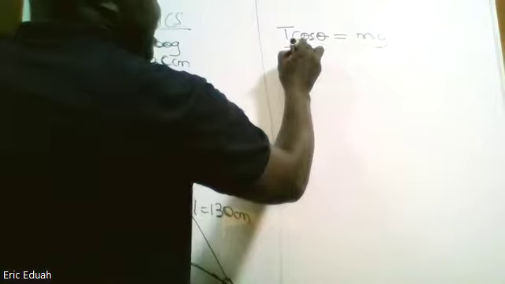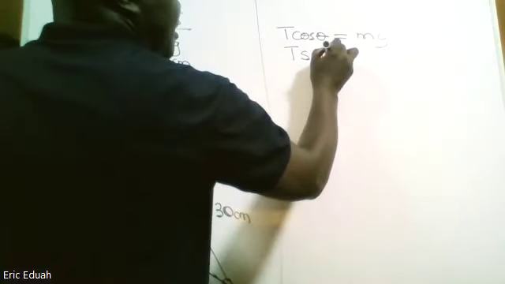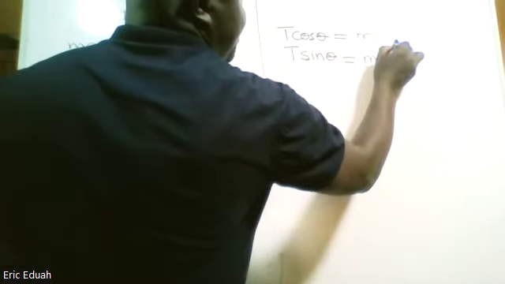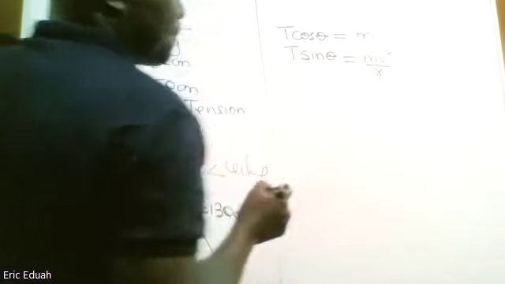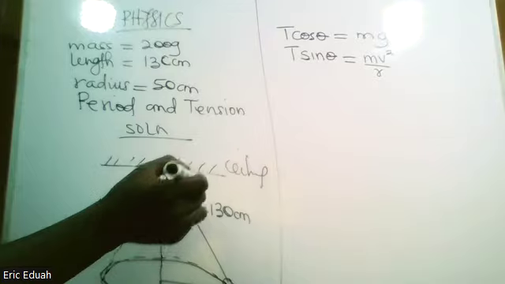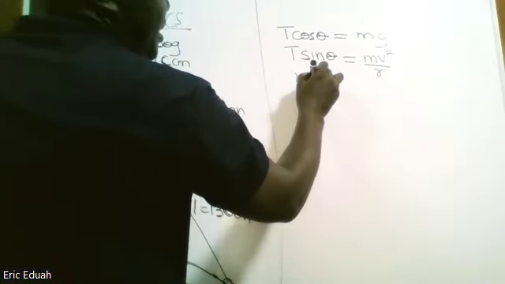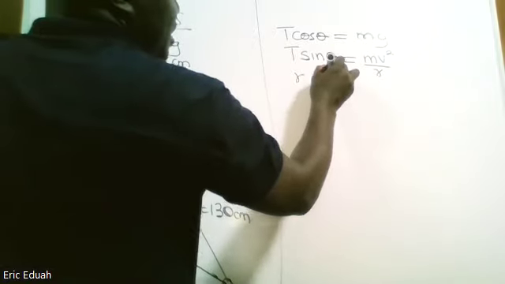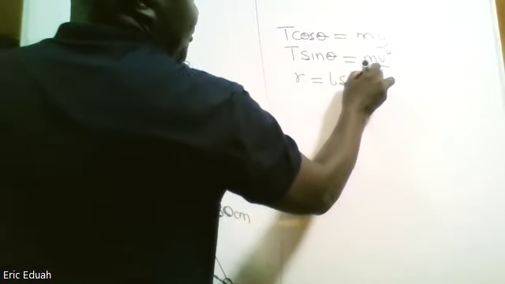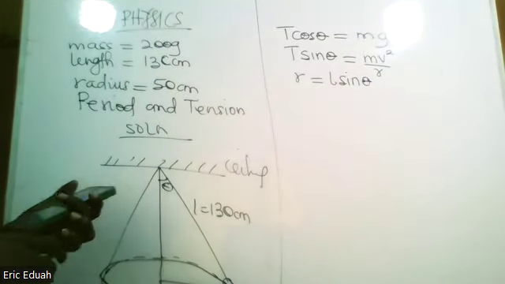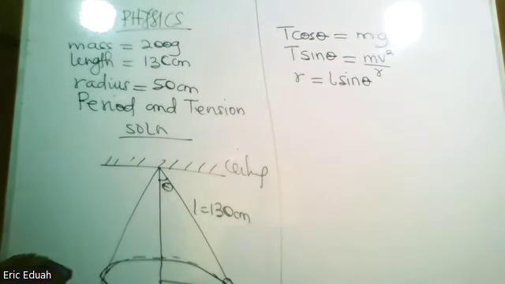Then T sine theta is what provides the centripetal force. Another basic relation we always apply is the radius is equal to the length times sine of the angle theta. So these are the basic relations we are going to use.